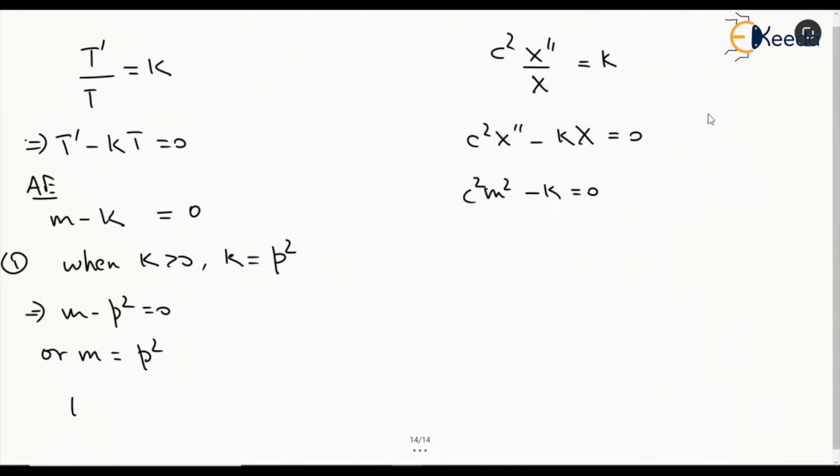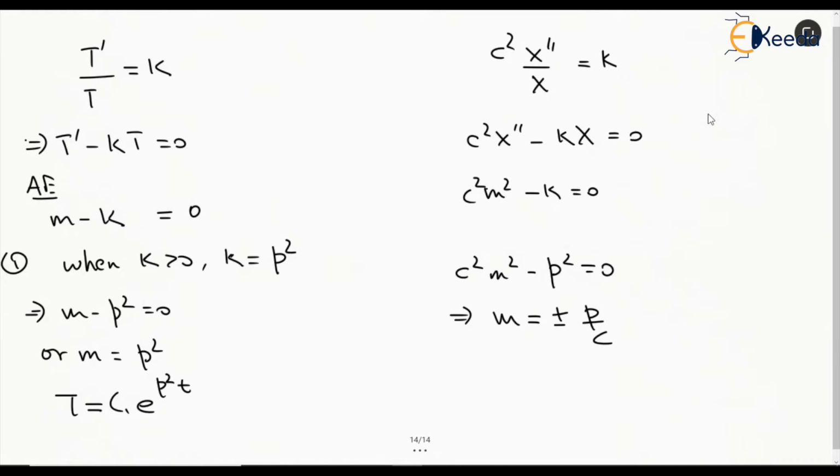So in this case we will have T = c1 e^(p²t), whereas in the other we will have c²m² - k = 0, with k = p², which makes m = ± p/c.